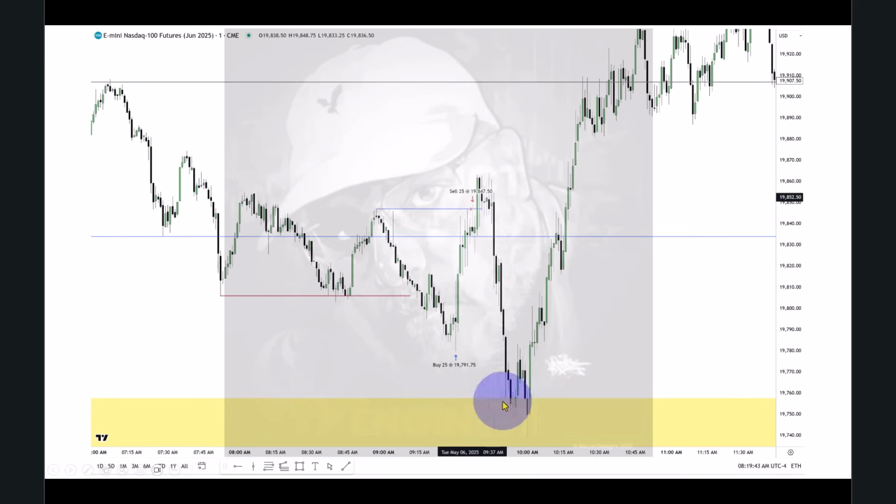This point of liquidity below that low, inside that daily bullish fair value gap, is where this leg of the breaker is. If you look inside this leg, you'll see a fair value gap.